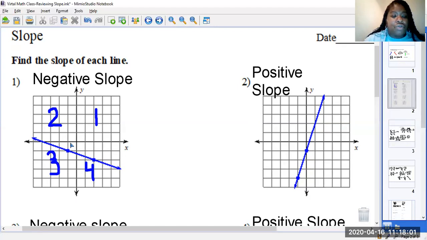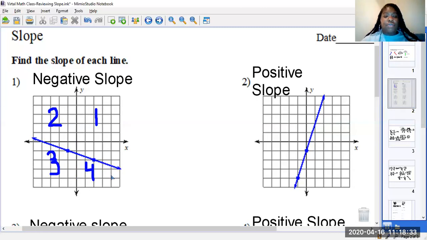In quadrant 2, you have a negative X, but your Y is positive. Okay. So we have a negative X and a positive Y. In quadrant 3, everything is negative because you have a negative X coordinate and a negative Y coordinate, okay? And in quadrant 4, you have a positive X coordinate, but a negative Y coordinate, okay?